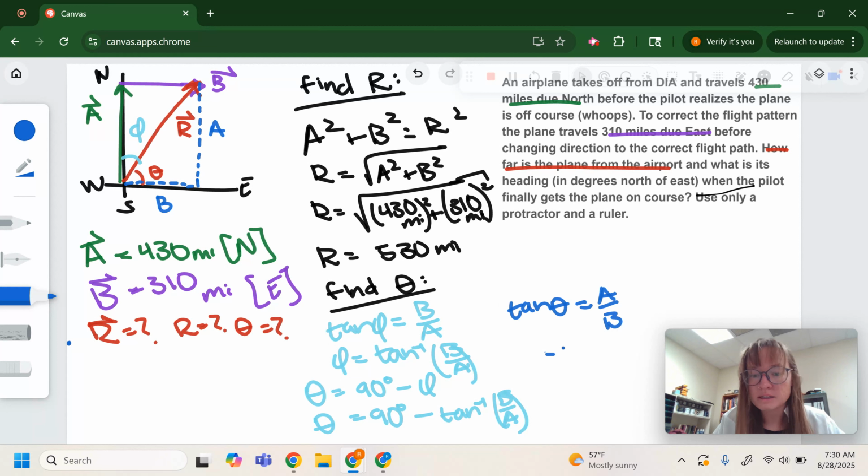So theta is the inverse tangent of A over B. Then we can plug in numbers and get to a final answer. When we plug in numbers, we always plug them in with units. I plug in 430 miles.